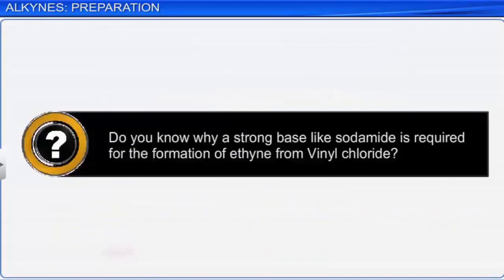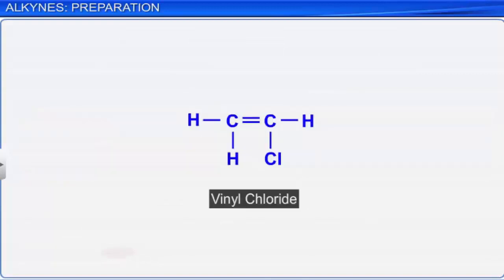Do you know why a strong base like sodamide is required for the formation of ethyne from vinyl chloride? As the chlorine atom is directly attached to a double-bonded carbon atom in vinyl chloride, it is made highly unreactive.